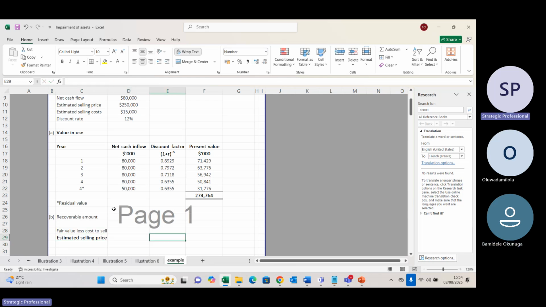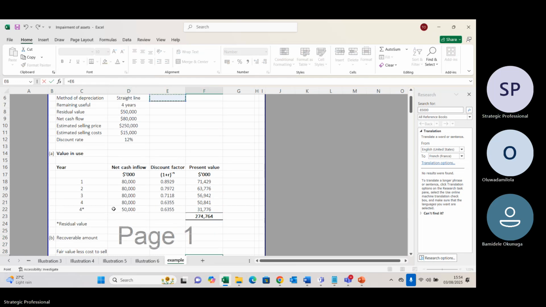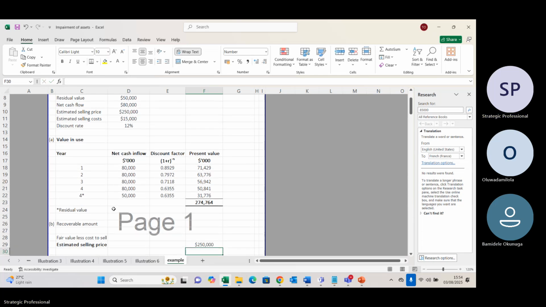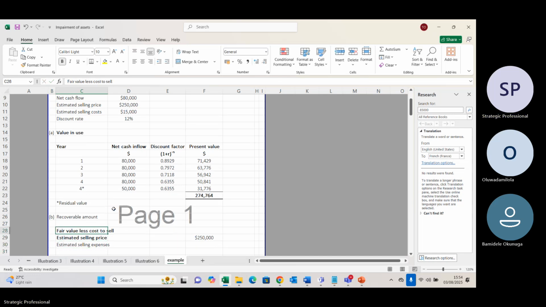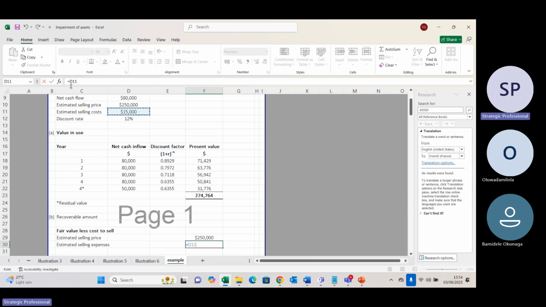Our estimated selling price is 250,000. Our estimated selling expenses is 15,000.